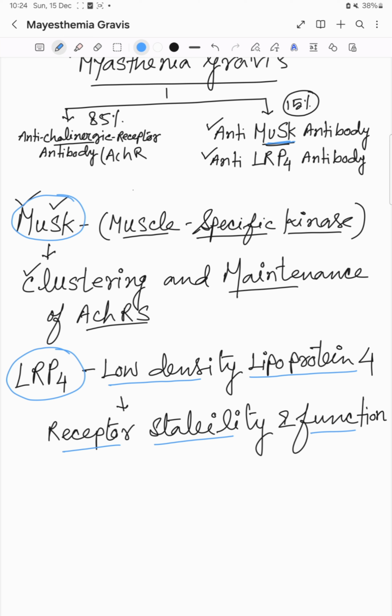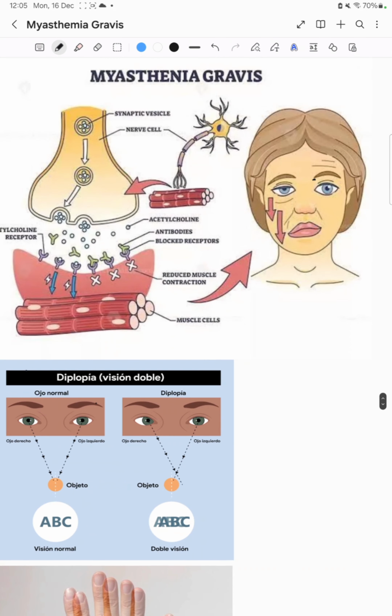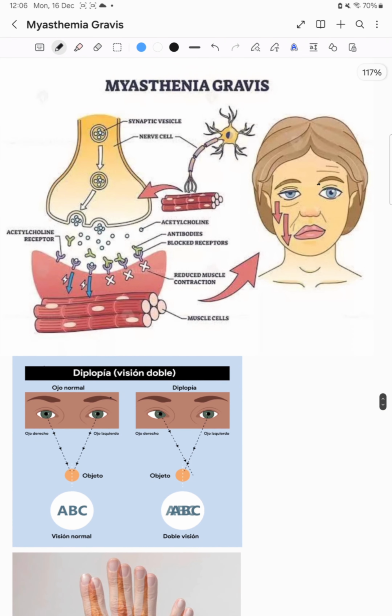They play a crucial role in disrupting the clustering and maintenance of acetylcholine receptors, leading to a reduction in the number of functional acetylcholine receptors on the muscle surface.